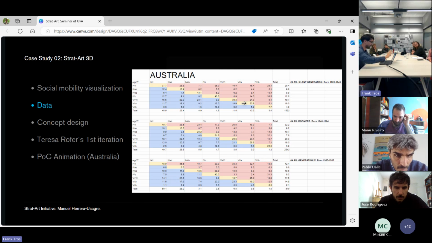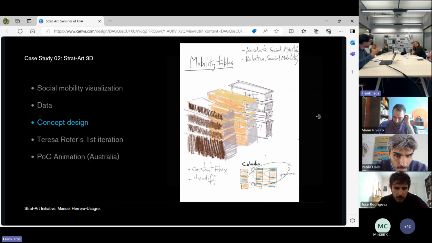So we take this, and I started working on some design. At the beginning, I thought that we could create a 3D model, creating each class structure as 3 different blocks, but then that creates problems of how I would draw the people who are coming from different classes. We could create some sort of animation like this.